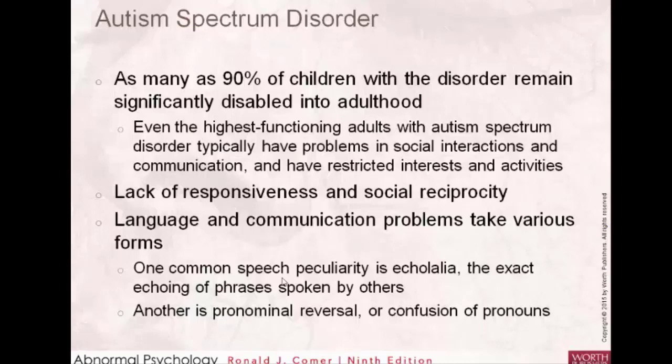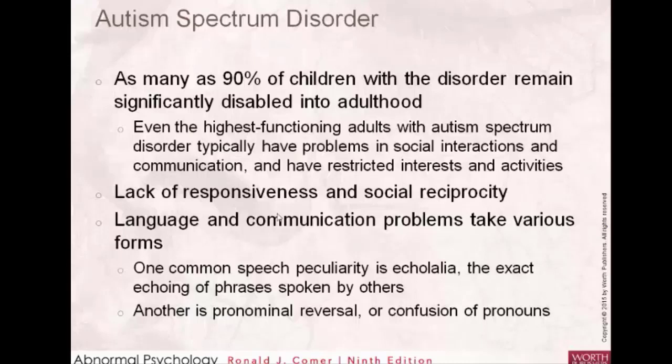As many as 90% of children continue to have significant disability into adulthood. So this is dysfunction here basically. Individuals who have autism spectrum disorder may have difficulty in self-care depending on the severity, may have difficulty in developing relationships, may have difficulty in school, for example, or in a workplace setting at an older age.